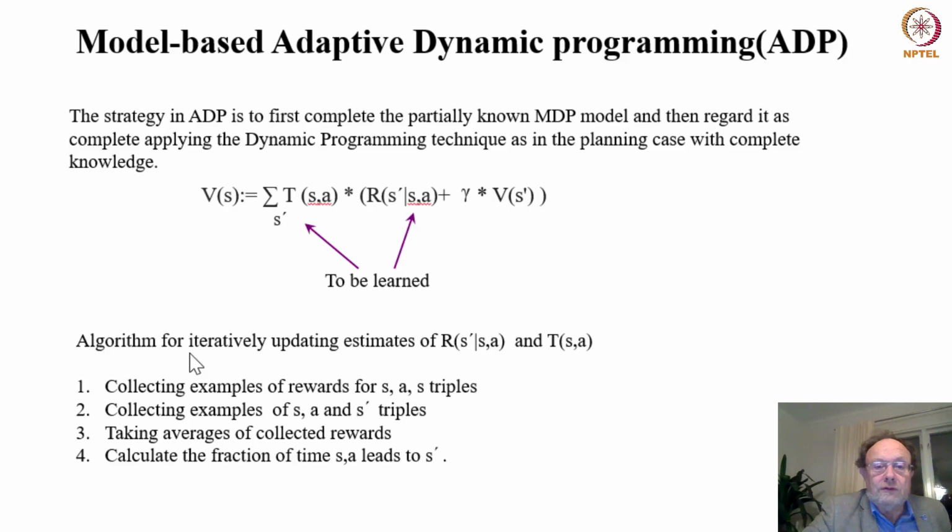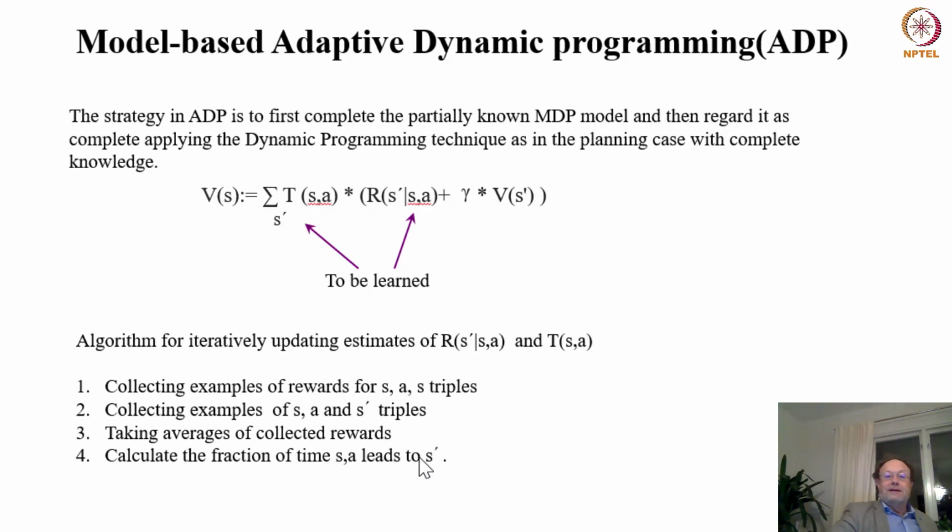Therefore you have some strategy to learn this function, and mostly it's a straightforward approach. You collect examples of rewards for these state-action triples, and you collect examples also of the transition triples, and you take the average of collected rewards, and you calculate the fractional time a certain action leads to a specific other state.